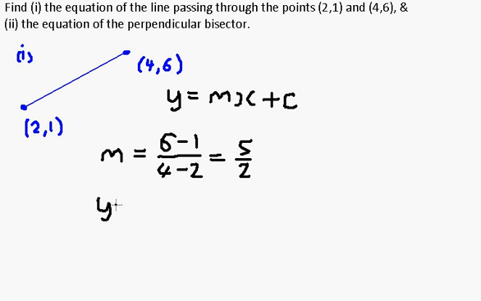So the equation of our line is y is equal to 5 halves x plus c. We finally need to work out what this c is, and the way we do it is by substituting in either the coordinate (2, 1) or (4, 6), or rather any point that is on that line.